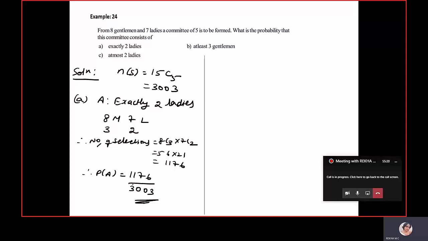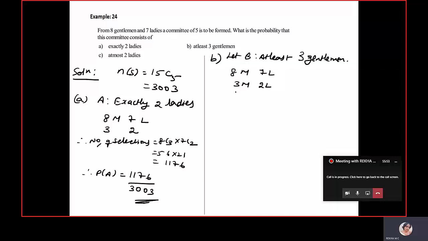So that is the probability of selecting exactly 2 ladies. The next is at least 3 gentlemen. Let B be the committee consists of at least 3 gentlemen. So 8 men, 7 ladies. If 3 men are selected, we require 2 ladies.